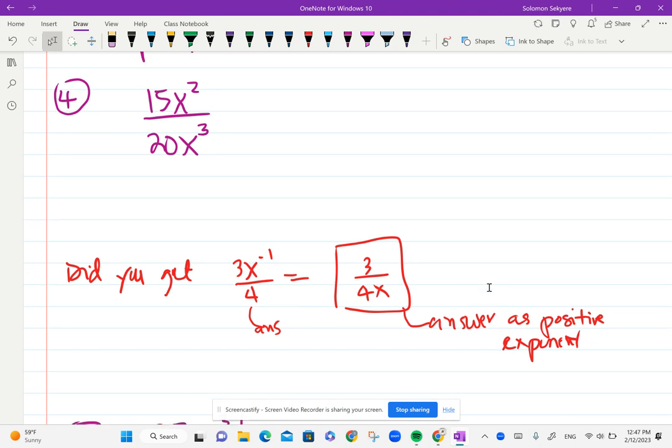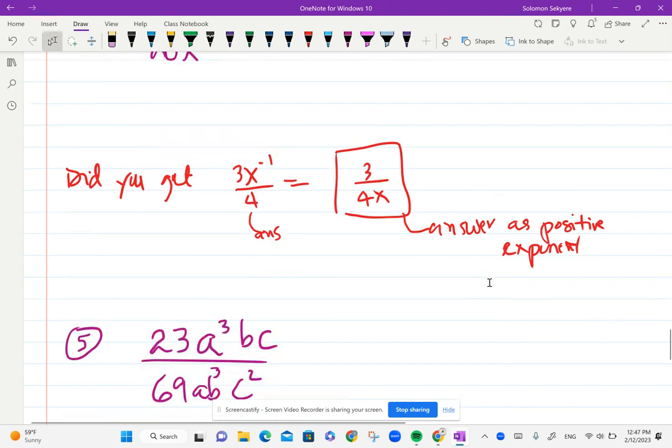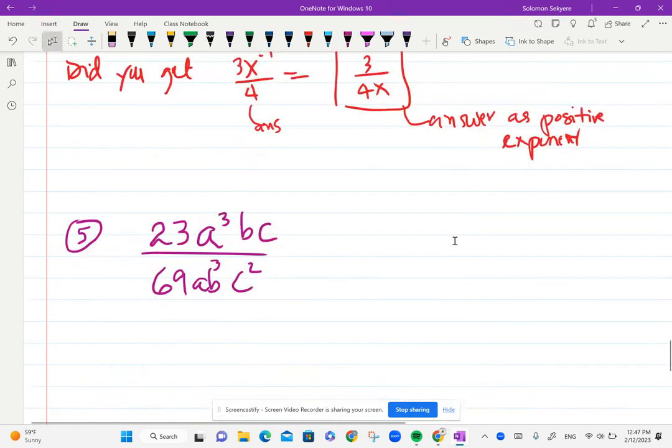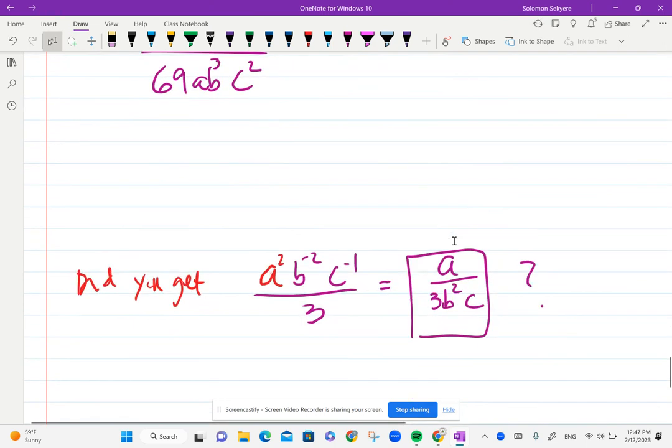All right. If you got 3 to the power x negative 1 over 4, you leave it as a positive exponent. The x to the negative 1 becomes x to the positive 1 in the denominator. All right, another one. Try it. Pause the video. Try it. Come back. Check the answer. What did you get? Did you get this?